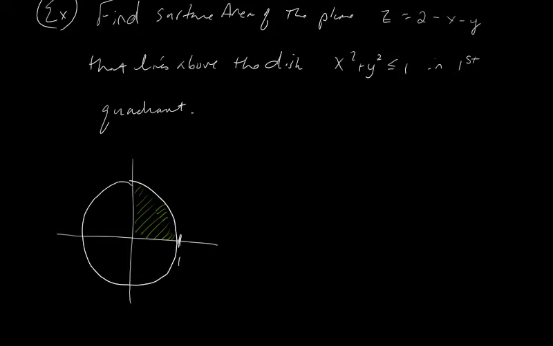Now, you might think, well, wouldn't it just be whatever the area of that part of the circle is? And the answer is no, because if you were to take a plane and have it tilted, as this one is, at some other angle, it's going to increase the surface area that lies above that. So you can kind of get an image of this from a shadow. If you hold a light above your hand, you'll get a shadow on the table.